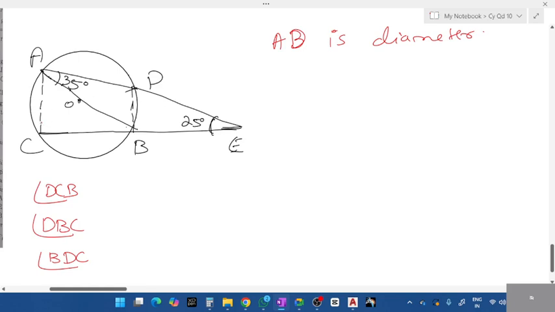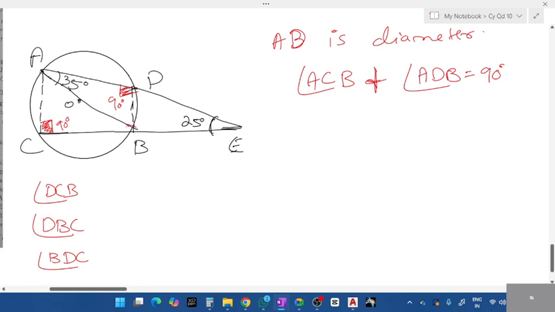The angle formed on? Yes. So you're supposed to write like this: angle ACB and angle ADB is equal to 90 degrees. And don't write plus, students. Both are 90 degrees. The reason is angle formed on the semicircle. 90 and 90.